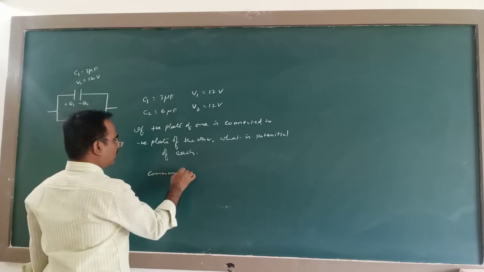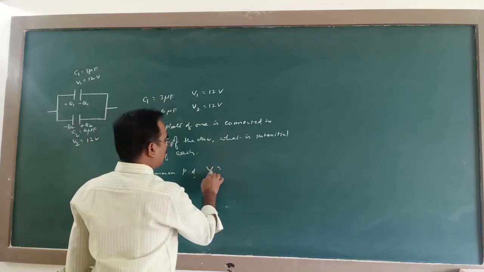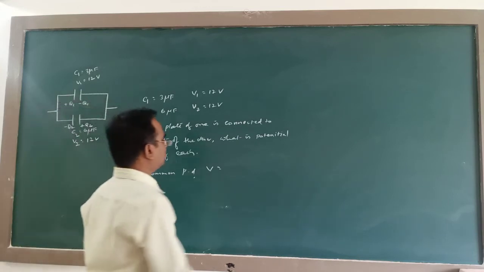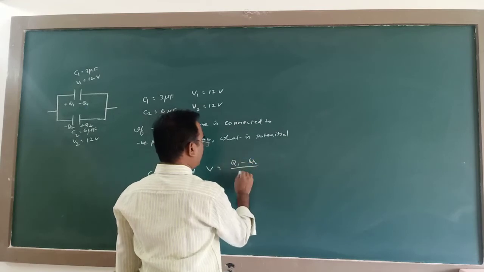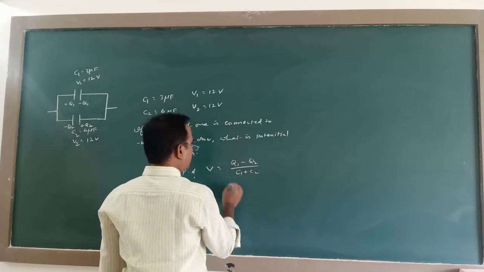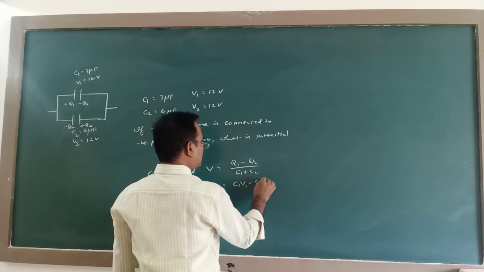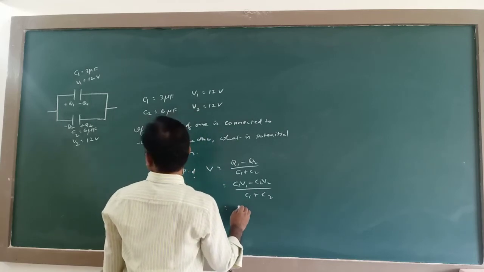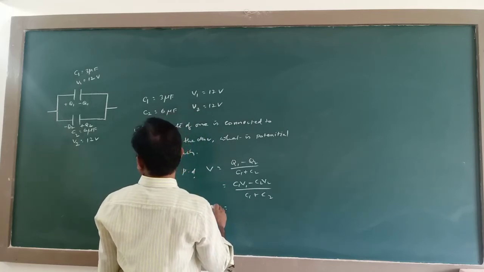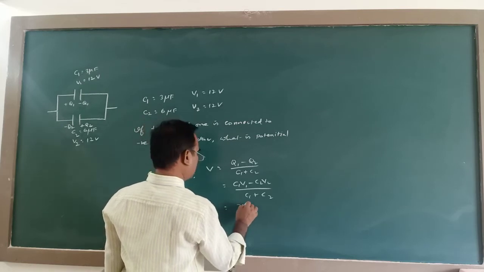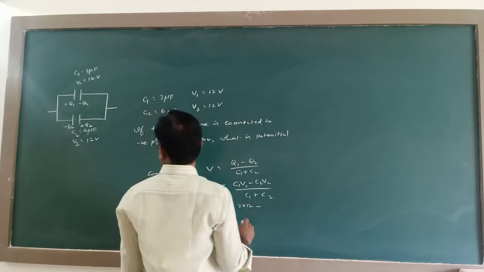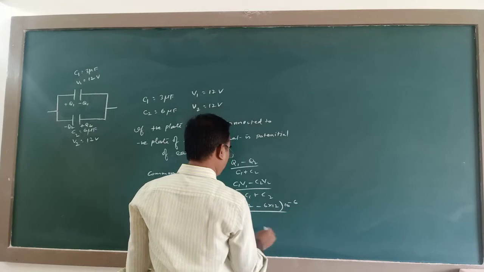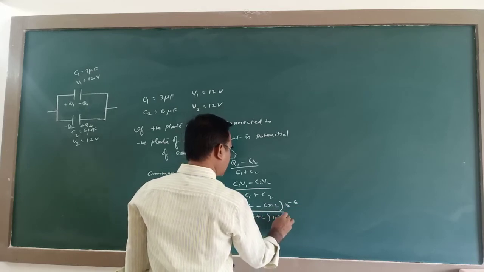You know this formula, common potential difference when oppositely charged plates are connected together, that is Q1 minus Q2 divided by C1 plus C2, that is C1 V1 minus C2 V2 divided by C1 plus C2. This is 3 into 12 minus 6 into 12 divided by 3 plus 6.